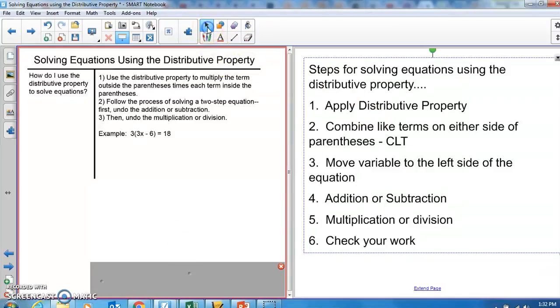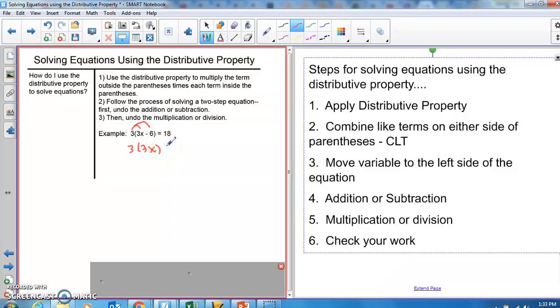So the first thing I want to do, as it says, I want to apply the distributive property. If it does not exist, we go to step 2. All right, so what I'm going to do here is I do have the distributive property. I have this 3 on the outside. So I'm going to distribute that 3 times the 3x. So I'm going to just put here 3 times 3x. Then we're going to distribute that 3 times that minus 6.